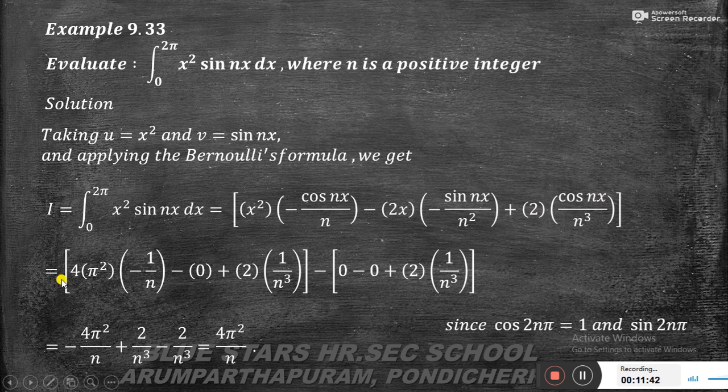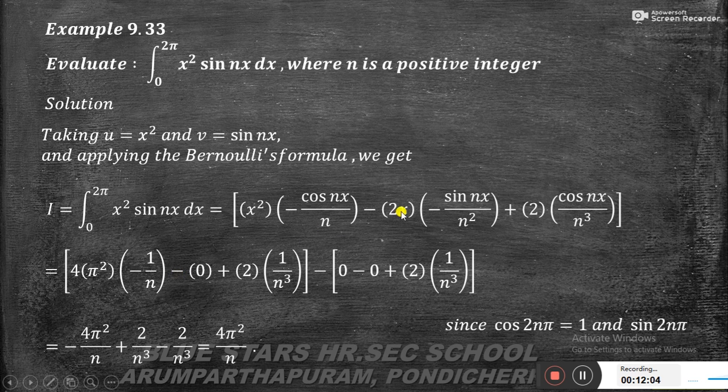So the next step, I apply the limits 0 to 2 pi. First I apply the upper limit, x equal to 2 pi. 2 pi whole square means 4 pi square, minus cos 2n pi. I substitute x equal to 2 pi, so cos 2n pi is 1, so minus 1 by n.